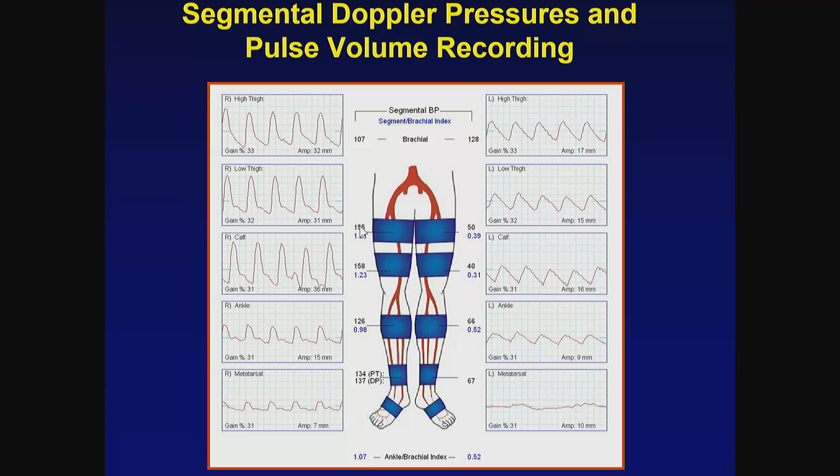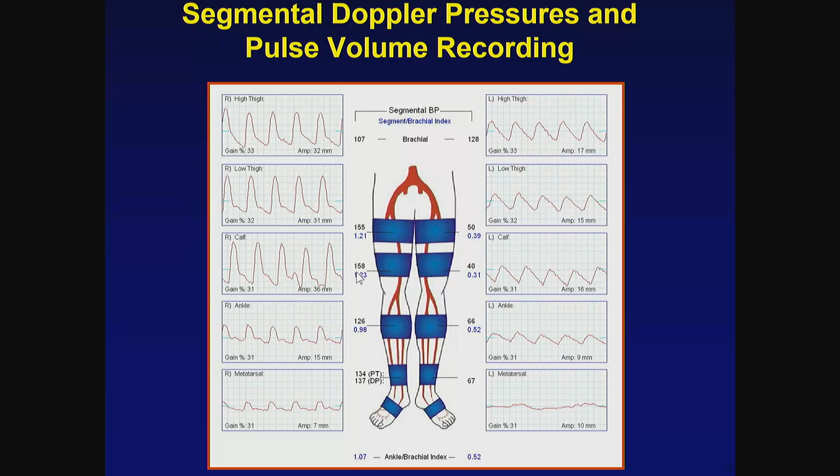And so there is no gradient across the thigh, but there is a gradient of 20 millimeters or more in the distal superficial femoral and or popliteal artery. The ankle brachial index is normal at 1.07.